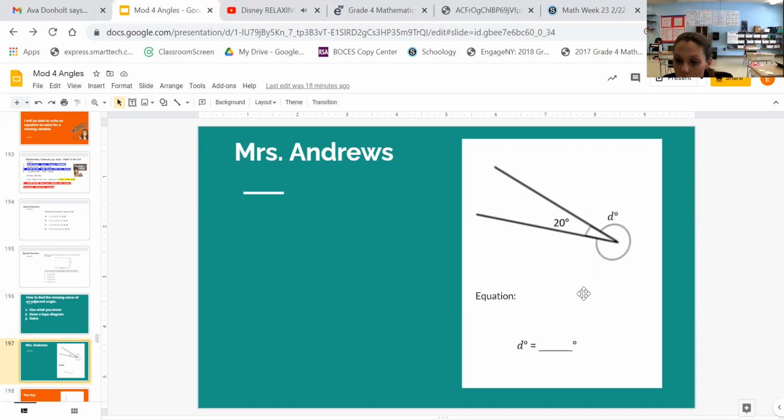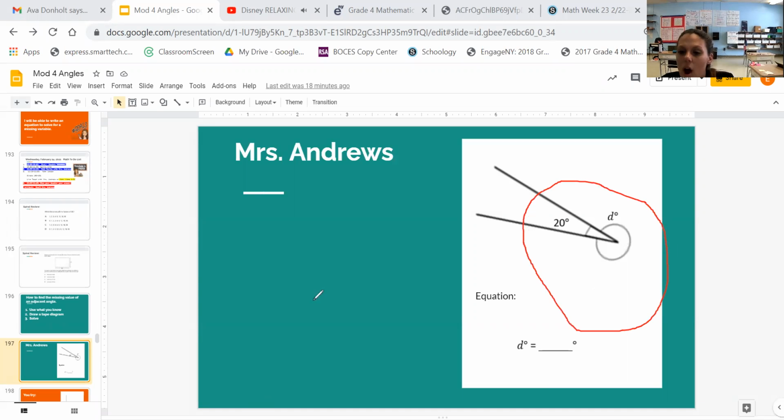All right, what we need to realize here is we are not talking about what we've seen in the past. In the past, we saw a 90-degree angle, or maybe a 180-degree angle. Here, we're talking about a full circle.